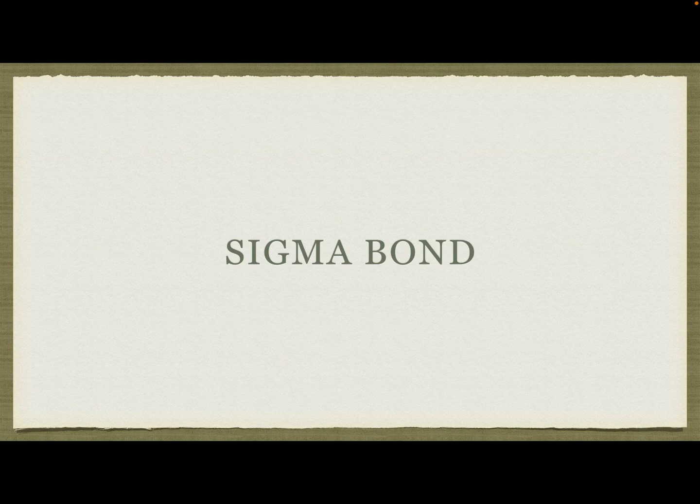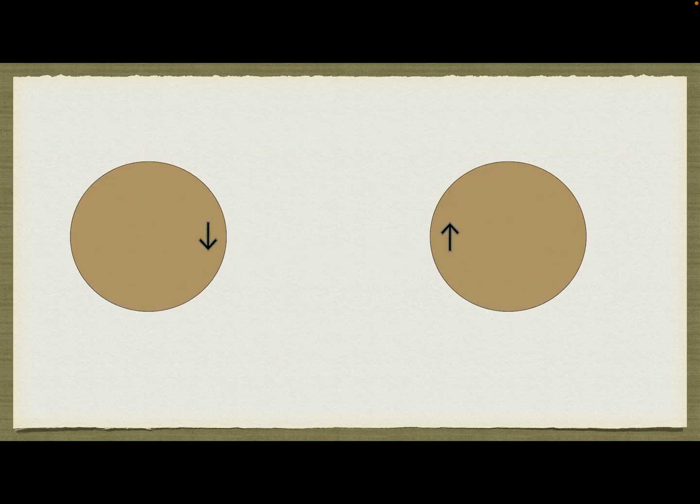Okay, let's go to sigma bond first. Okay, let's say I have two s orbitals. Okay, one from one atom, the other one from another atom. Okay, s orbital, if you still remember, dia punya shape tu ialah sphere. Okay, so if you look at the screen right now, I have two spheres.